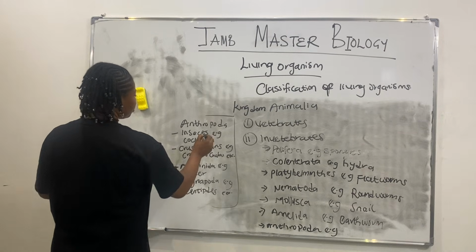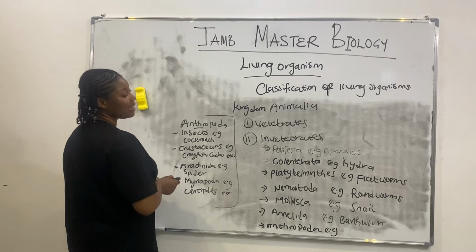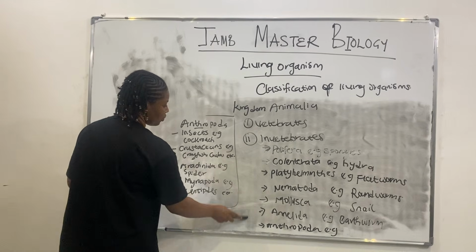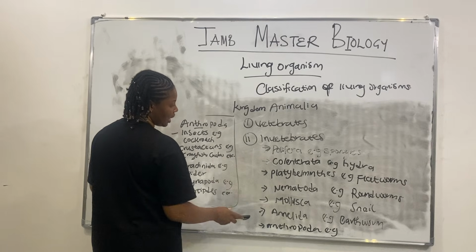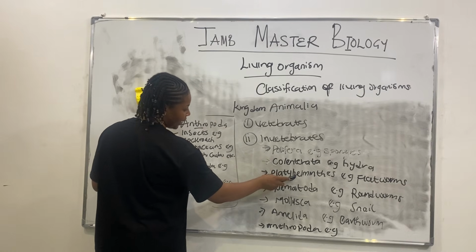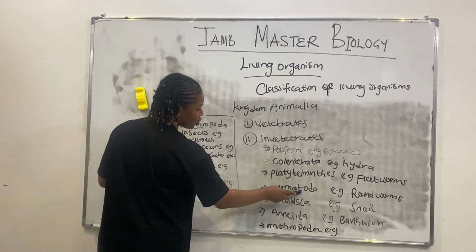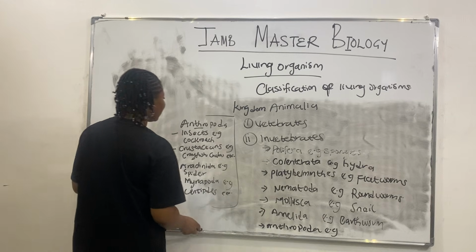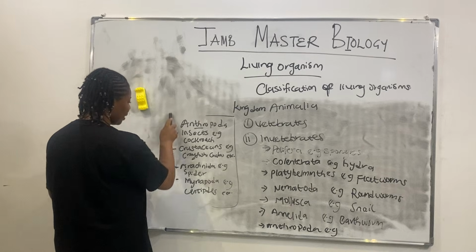So these are under arthropods. So this invertebrata, under kingdom Animalia, we have vertebrate and invertebrate. So these are the classes of invertebrate. We have the Porifera, the Coelenterata, the Platyhelminthes, the Nematoda, the Mollusca, the Annelids, and the Arthropoda. Now under the Arthropoda, these are the subgroups.